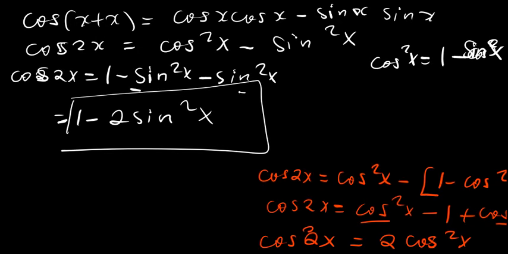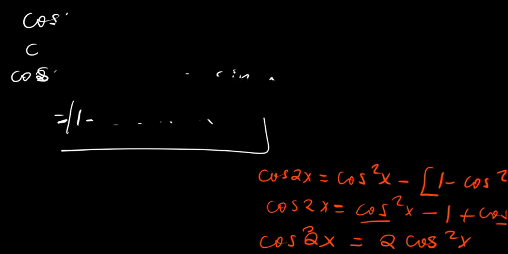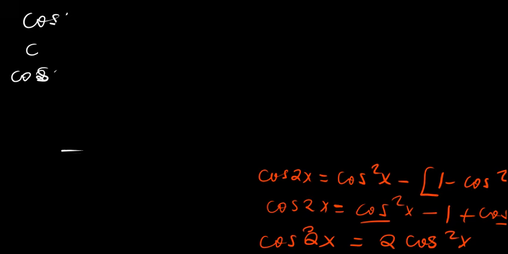Thank you. Now let us go back a bit. We have come up with these identities here. We have said cos 2x, so x can be anything.